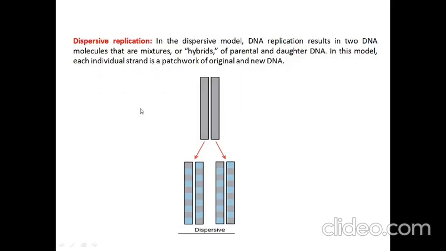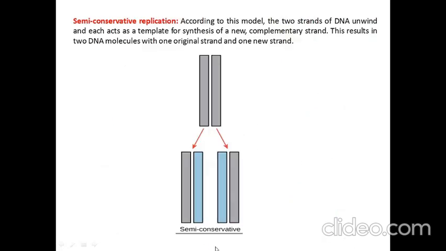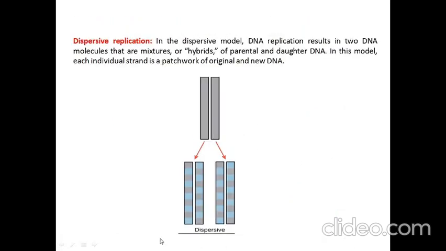Then another model was given for replication, the dispersive replication. In this dispersive model, DNA replication results in two molecules that are a mixture, or a hybrid, of parental as well as newly synthesized DNA.